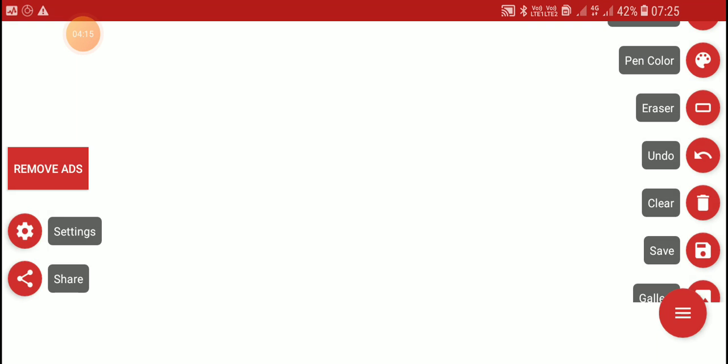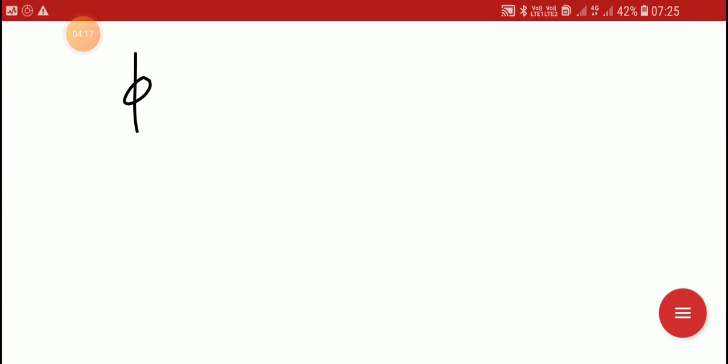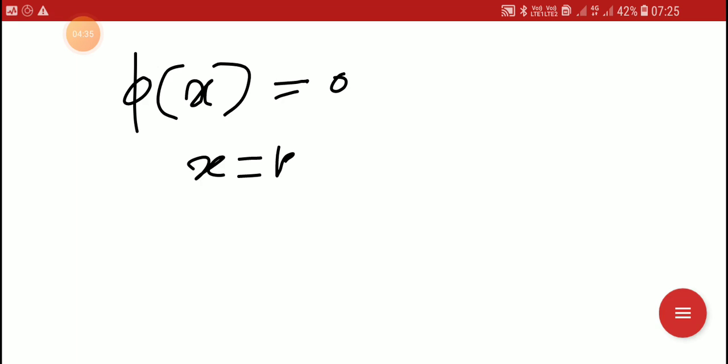Then what is the kernel? The kernel means the set of elements in the domain whose image is the identity element. Here the codomain group is Zn, and the identity element in that is 0. Therefore, x can be written as a multiple of n.